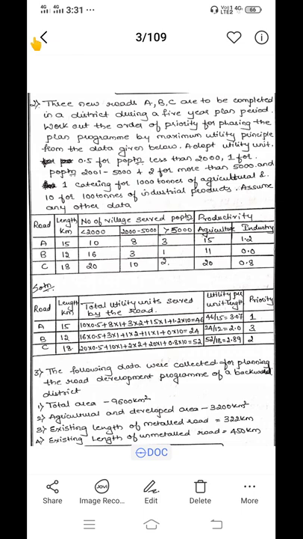So utility per unit length is 52 divided by 18, which gives 2.89.